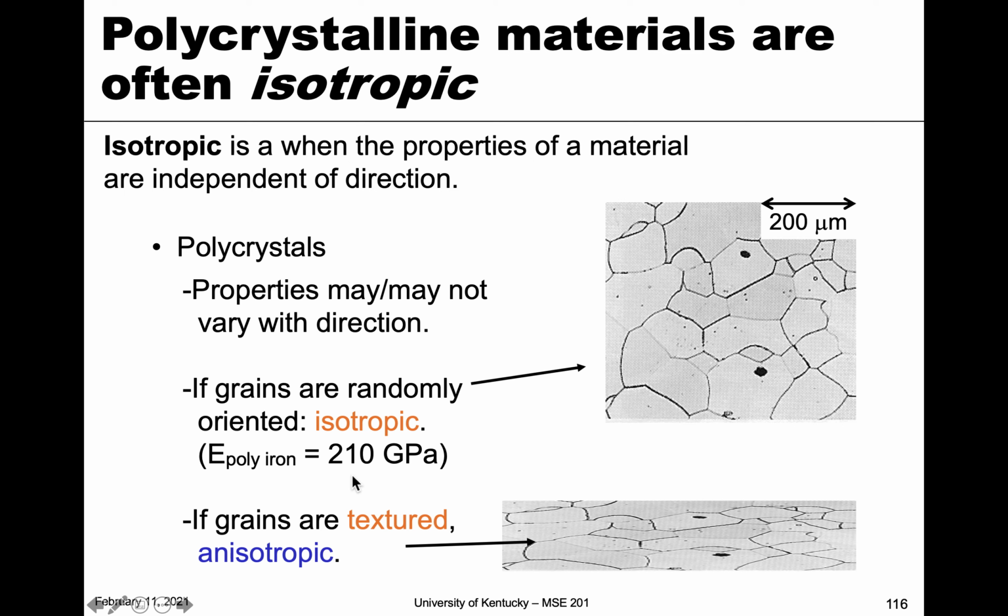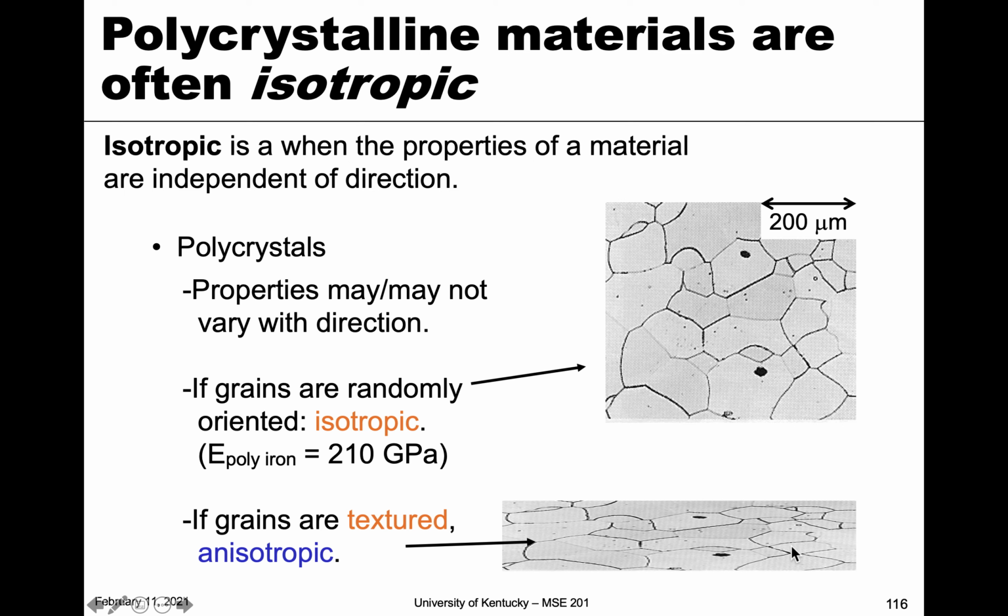There is one caveat to this idea. If we think about that same iron material, and you're familiar with the process of rolling metal, we put it through rollers to form it into thinner and thinner sheets. When we do that, this polycrystalline structure gets elongated along the direction that we rolled it and squished it.